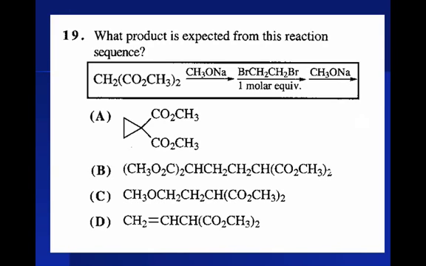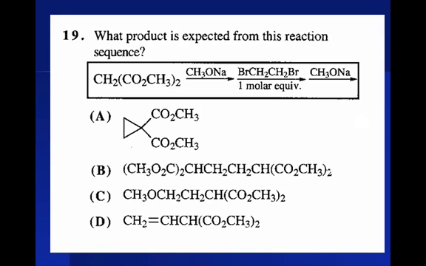Okay? And then when I add sodium methoxide again, what's going to happen? Huh? So basically what you're doing is you're taking out two hydrogens. Ultimately? Yeah, and adding carbon bonds. How many carbon bonds am I going to make? Well, there's only one more.